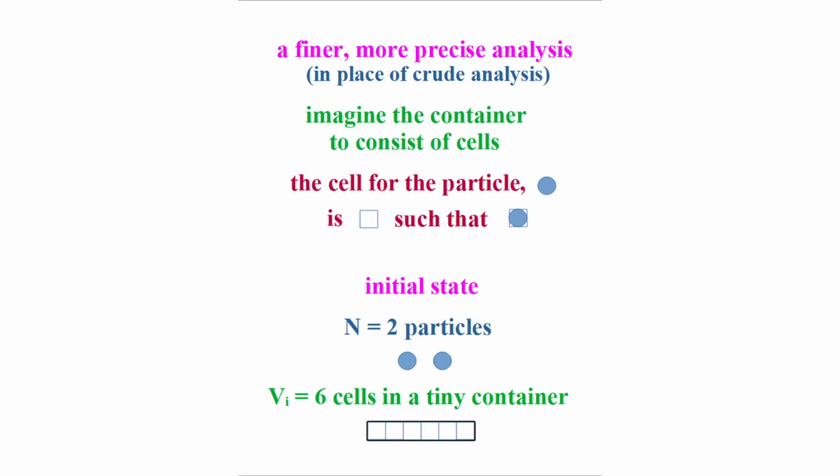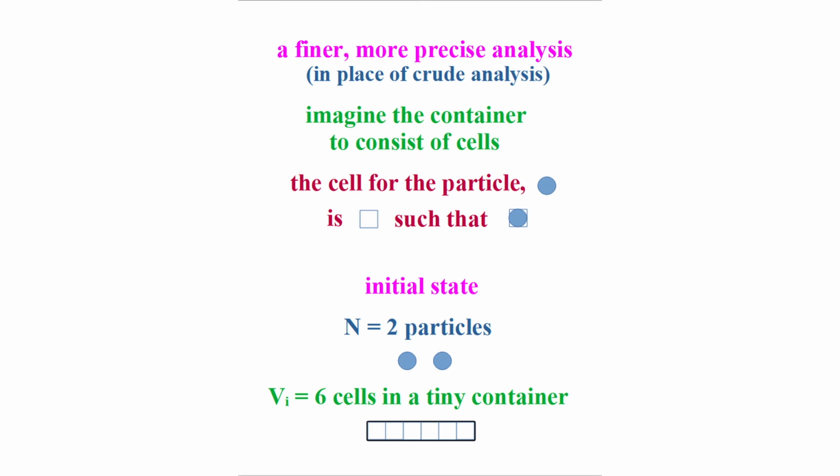In order to improve the above crude analysis of positional entropy into a finer, more precise one, it is customary to imagine the container to be made of tiny cells, each of which can snugly hold just one particle.